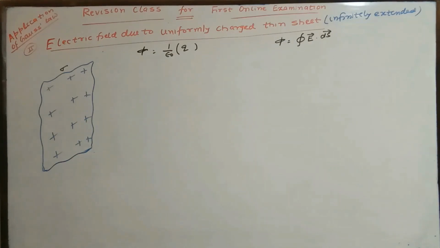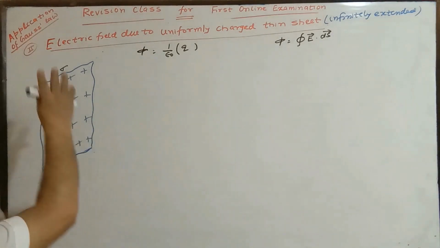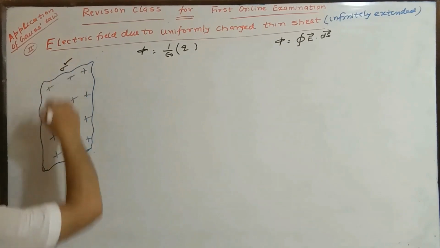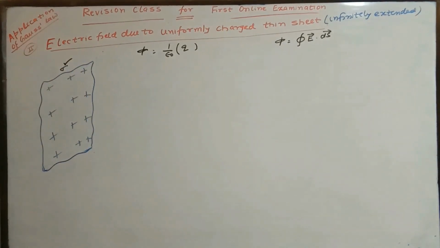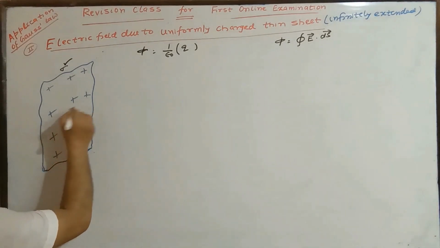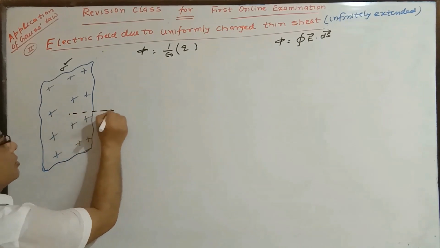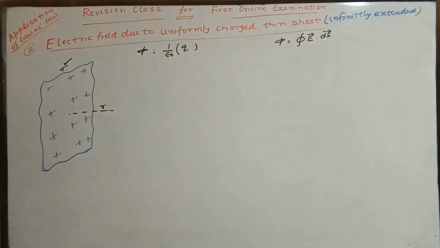Next is the electric field due to a uniformly charged thin sheet. This is infinitely extended on each side. You may be given sigma, the surface charge density, that is charge per unit surface area. First of all, let us assume that at a perpendicular distance r we would like to find the electric field.